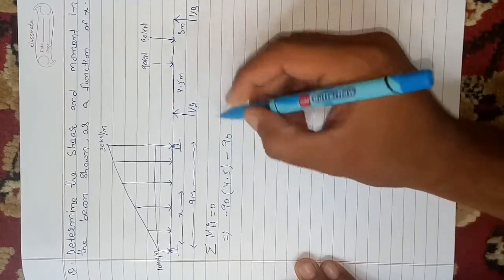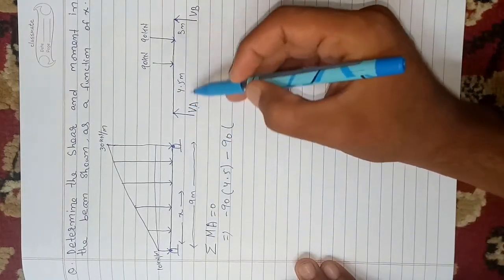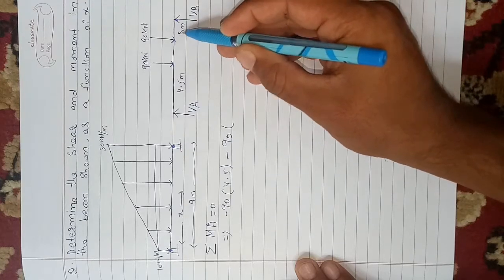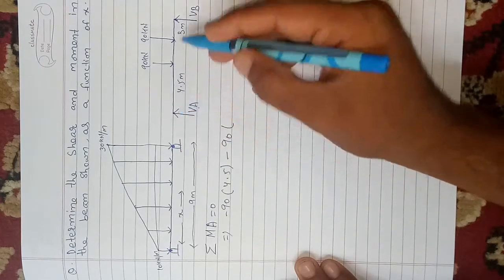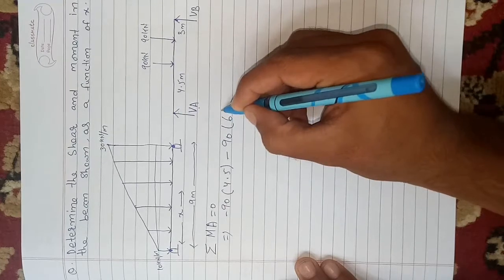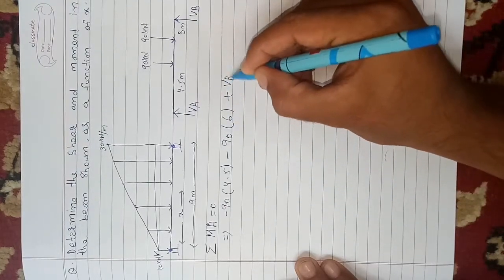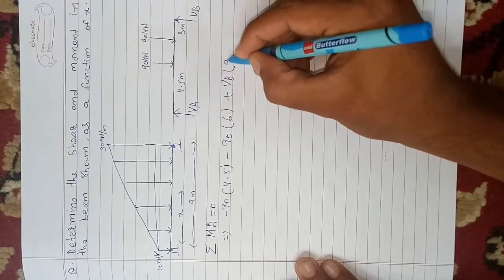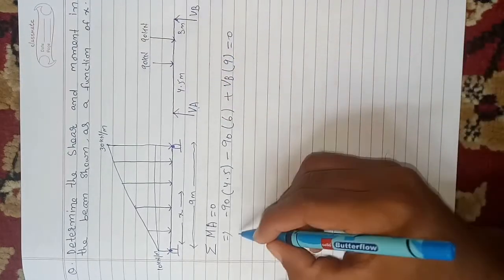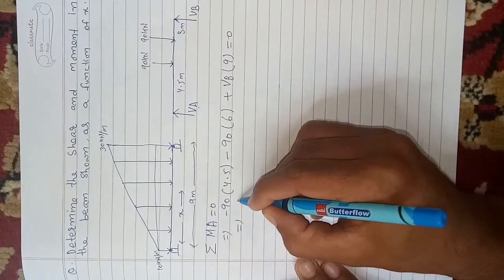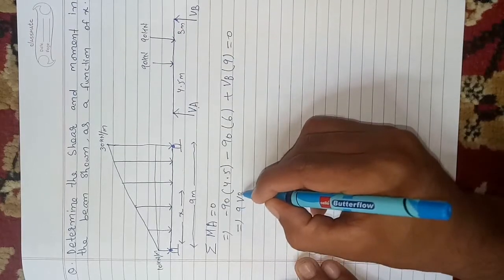Minus 90 due to this force into distance: total distance is 9 meters, so 9 minus 3, that is 6 meter away from the support A, into 6. This is plus VB into distance 9 meter, which is equal to 0.